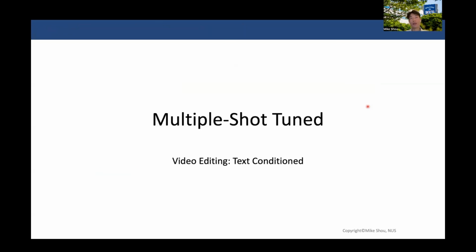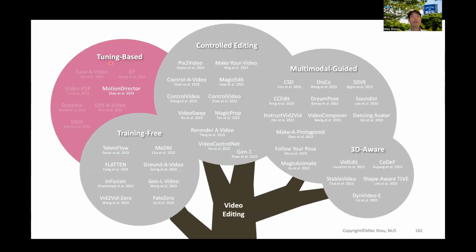That comes to the next scenario we'd like to introduce, multiple-shot tuning. It still falls under the tuning-based approaches, but we use more videos for tuning. It gives a better idea of a specific action like skiing. Maybe one video is not enough and you'd like to provide more references. The paper we'd like to introduce is the so-called Motion Director.